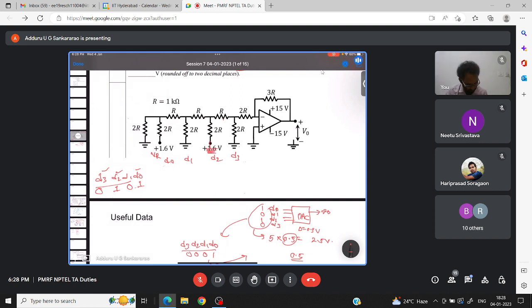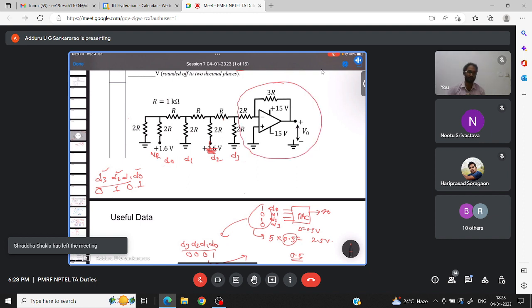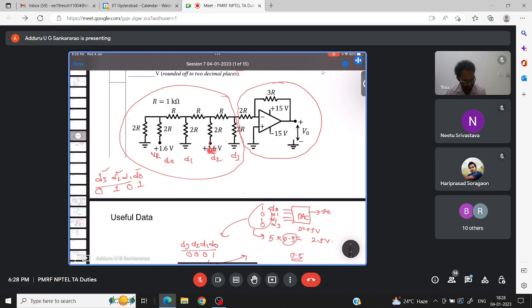D2 also connected to ground. Now, if you see here, this is an inverting amplifier. Can you see that this is an inverting amplifier? Fine. This is some kind of R-2R ladder. Now, till here, this circuit I will take.